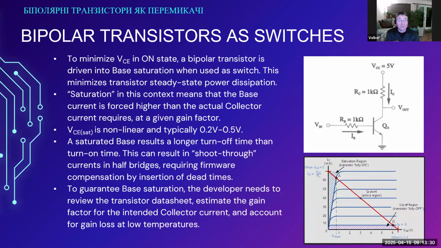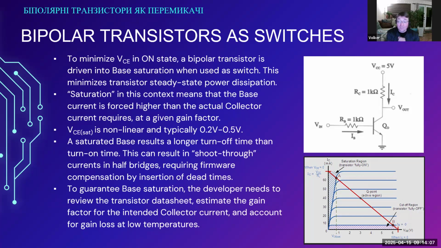Saturation in this context means that the base current is forced higher than the actual collector current requires at a given gain factor. So basically, let's say the transistor has a gain of 100. Technically, if I push in 1 milliamp into the base, it could switch 100 milliamp at the collector. But I want to make sure that the transistor is in saturation. So instead of calculating the base resistor in a way that I'm pushing in 1 milliamp, I'm pushing in 5.